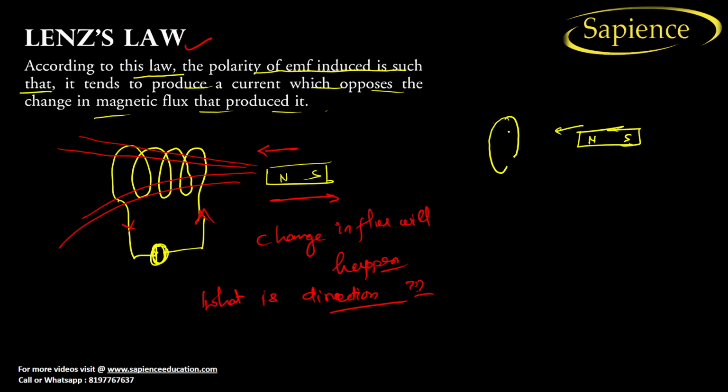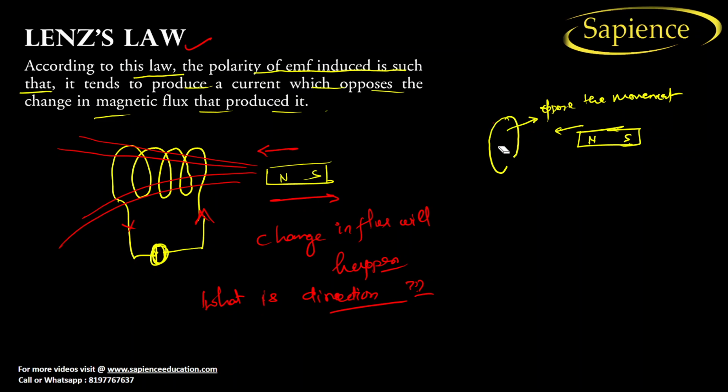Now what will happen if you move this forward? This circuit will oppose the movement, and the only way it can oppose the motion is that it should behave as a north pole.